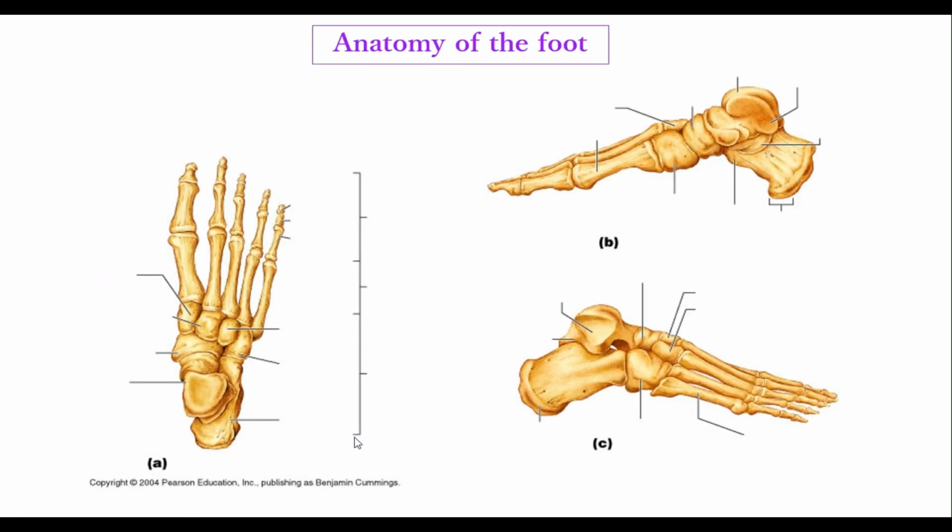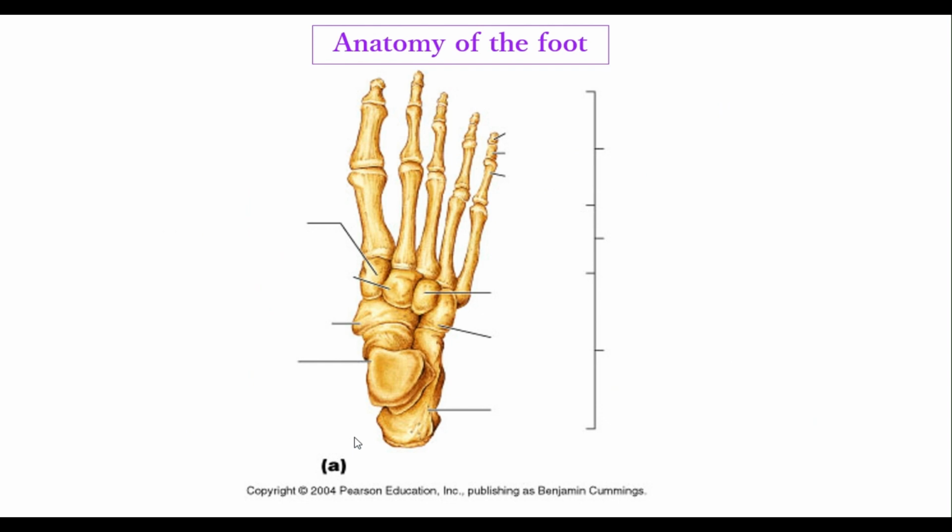Moving to the anatomy of the foot, first group we have the phalanges, second group we have the metatarsals, and the third group we have the tarsals. This is the distal phalanx. This is the middle phalanx.